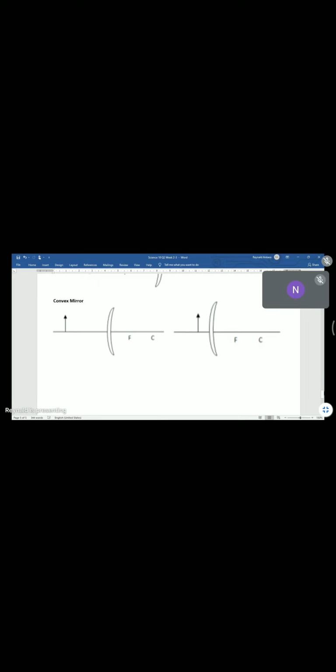I need to see the ray tracing, the drawn lines, and then the description. Now, how will you submit it? Not through Google Classroom. You will submit your paper itself.